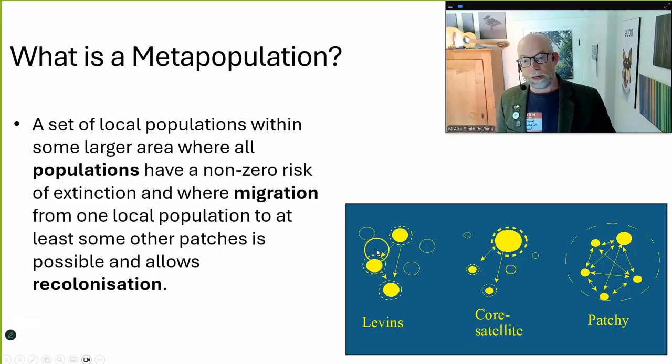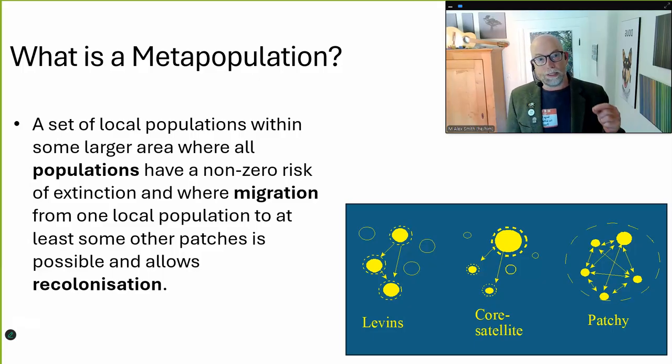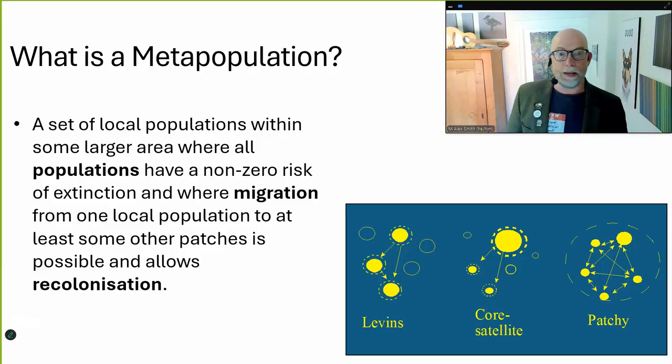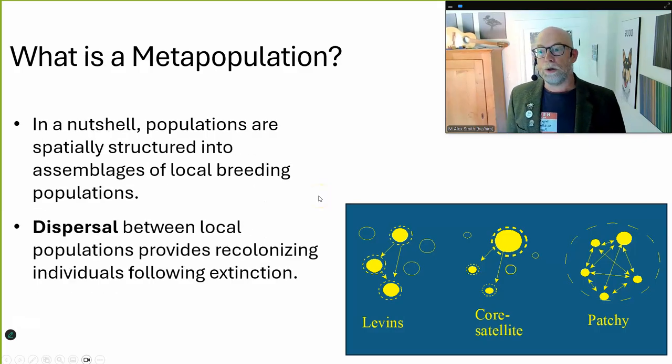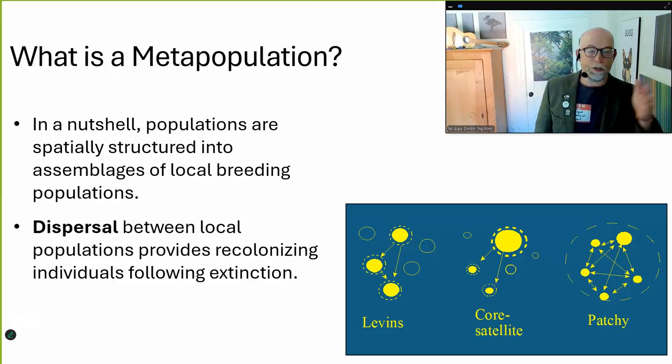And that non-zero risk is because these arrows connect. And so the non-zero risk of extinction is intimately tied to the dispersal ability of the species in question. And so populations are spatially structured into assemblages of local breeding populations, and dispersal between the populations allows recolonization.